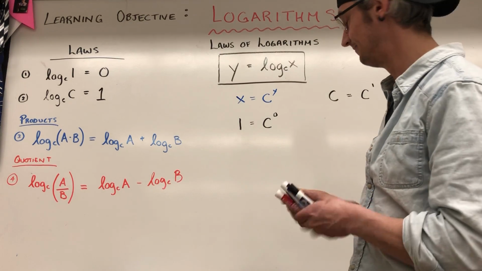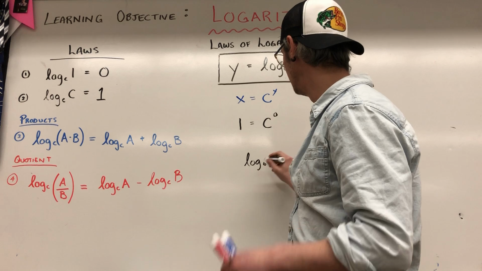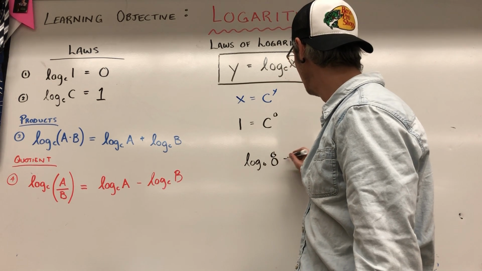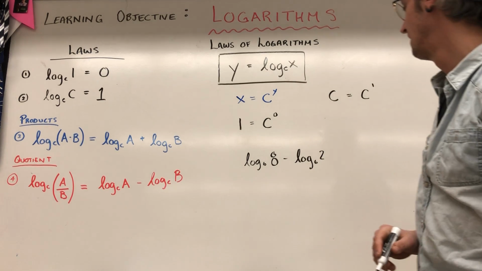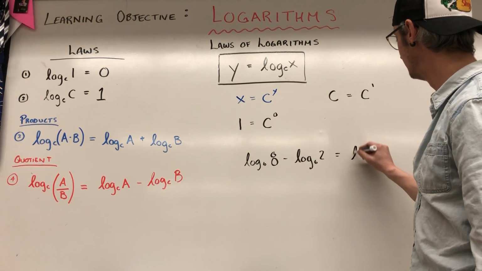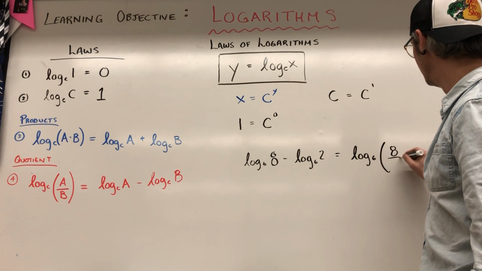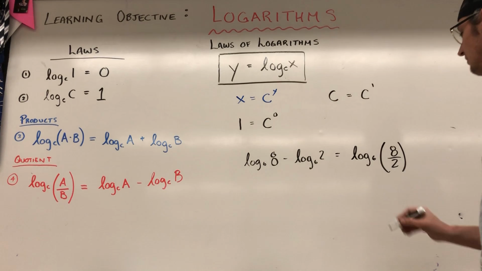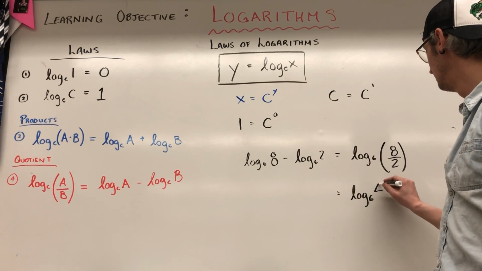So if I had log base 6 of 8 minus log base 6 of 2, because they have the same base, 6, I can rewrite that as log base 6 of 8 divided by 2, or I could write that as log base 6 of 4.